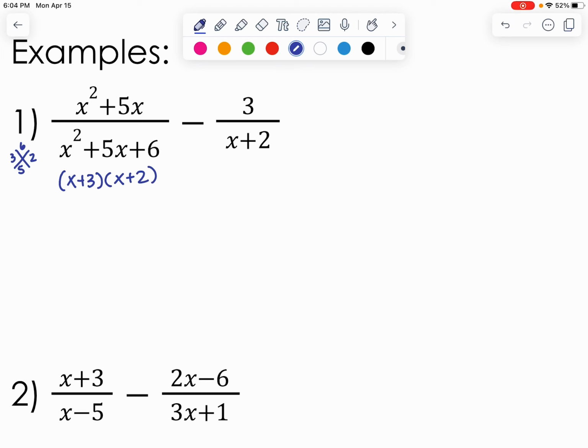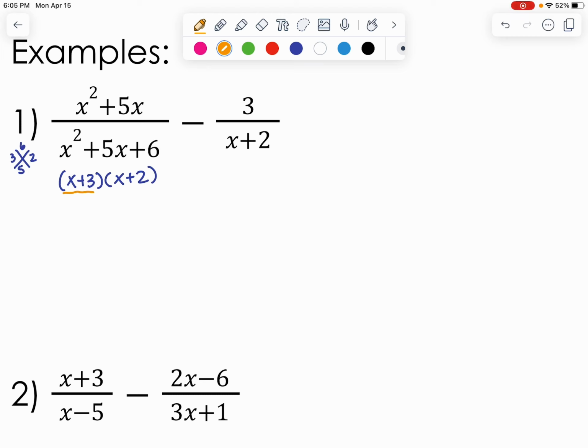Now, once we have our factored denominators, we want to find the common denominator. In order to do that, we're going to look at the bigger denominator and see what factor that denominator has that the other one is missing. So I notice that the first denominator has this x plus 3 that the other denominator is missing.